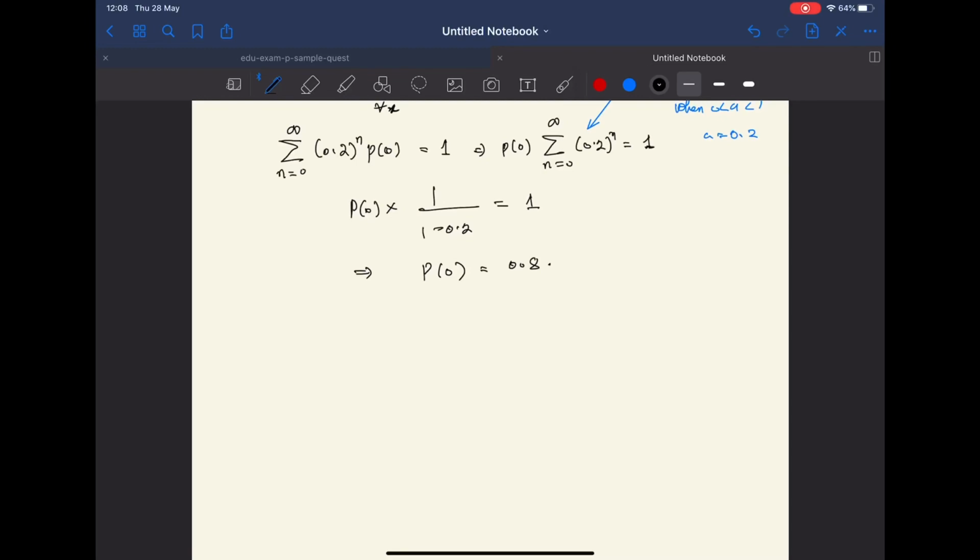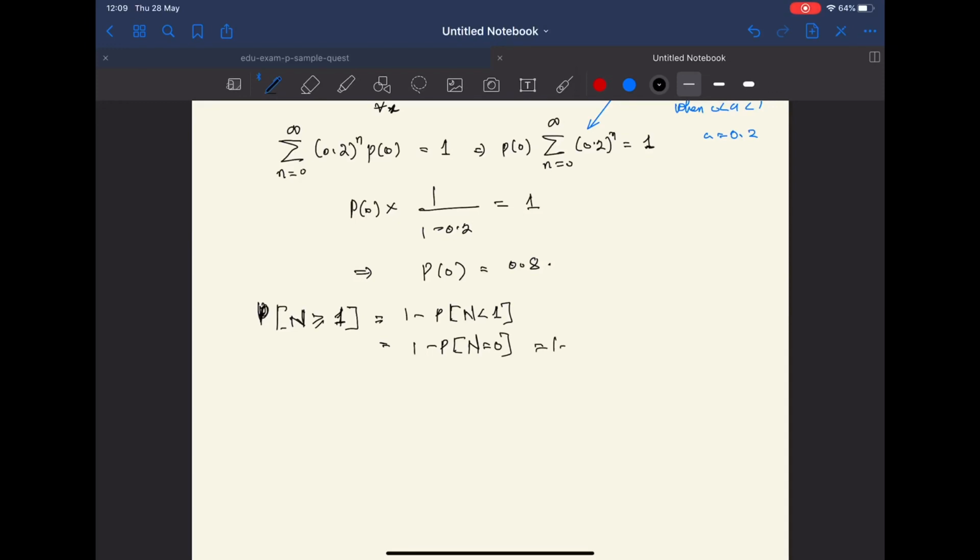Now, we're told to find the probability that at least one claim is observed, that is, n greater than or equal to 1. And this is the same as 1 minus the probability that n is less than 1. And we know the only value which is less than 1 is n being 0.